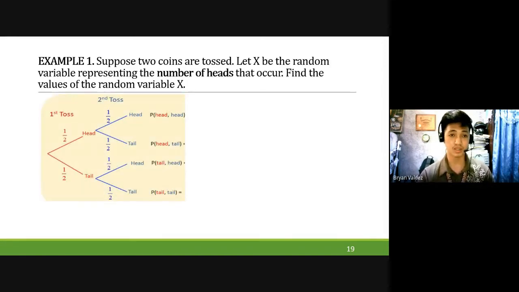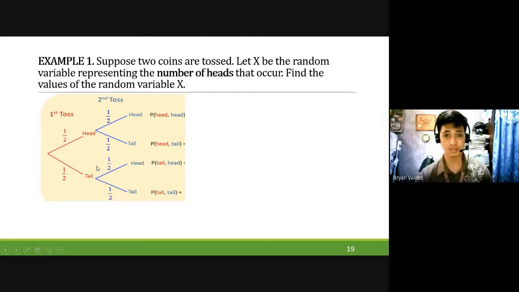Okay? So, ipapakita ko sa inyo, ito yung tree diagram, familiar kayo dito. Kung hindi ako nagkakamali ituro to ng grade 7 or grade 8 ata. So, identifying the possible outcomes. So, dito class, ito yung experiment natin. Yung nag-toss ka ng coin. So, sa first toss, meron kang head and tail.